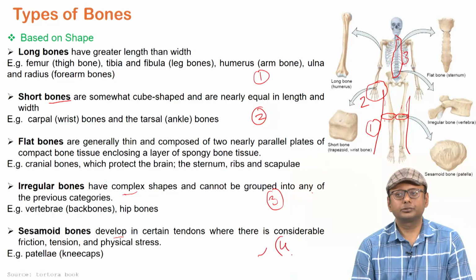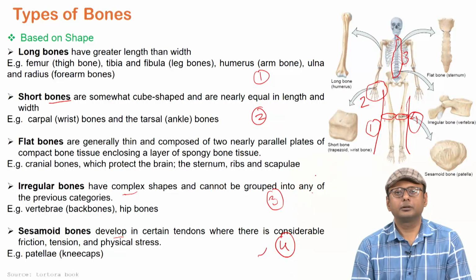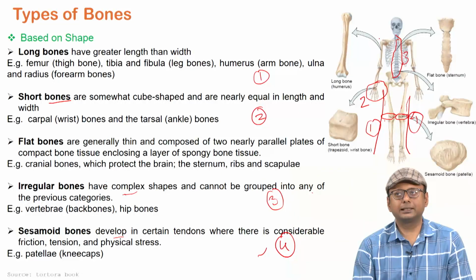Sesamoid bones you can see near the knee joint, which is called the patella, okay. And then there are the cranial bones, which are mostly flat bones, right. So, these are the different types of bones present in our body.